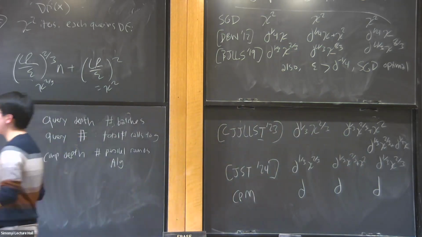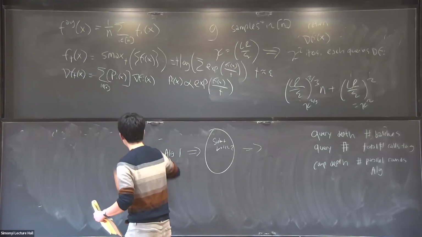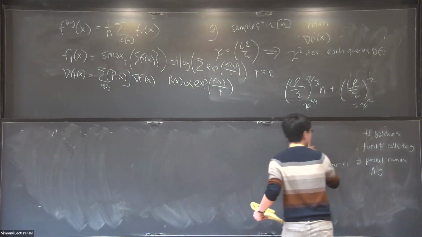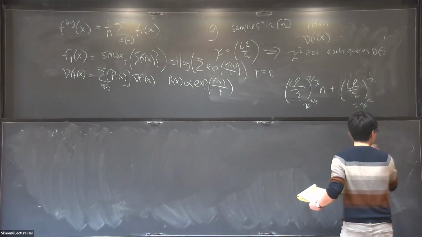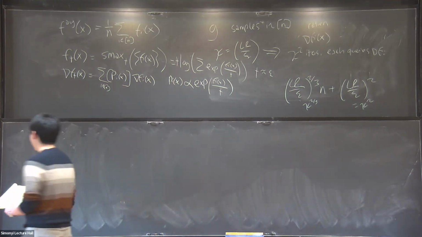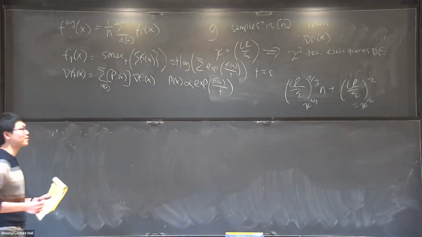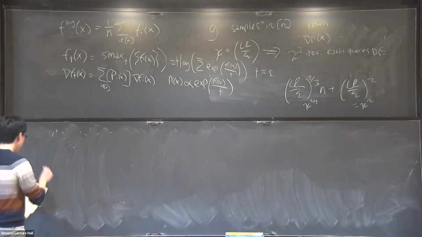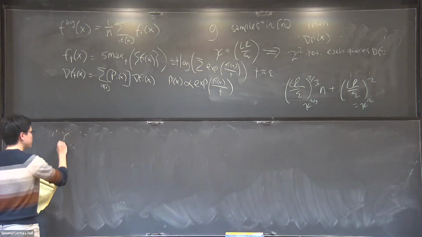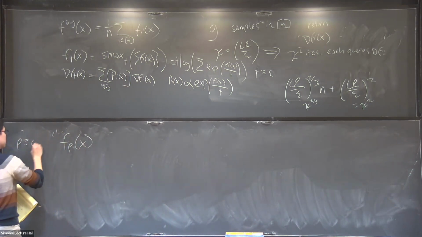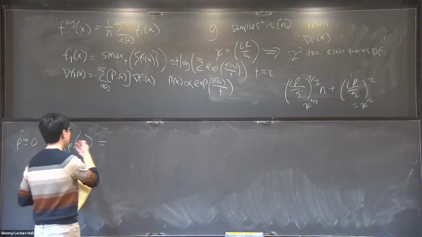So how does this algorithm work? This is all following a time-tested technique of convolving with the Gaussian. So let me define that. For a function f, define f_rho for a parameter rho greater than 0 to be the convolution of f with a Gaussian.